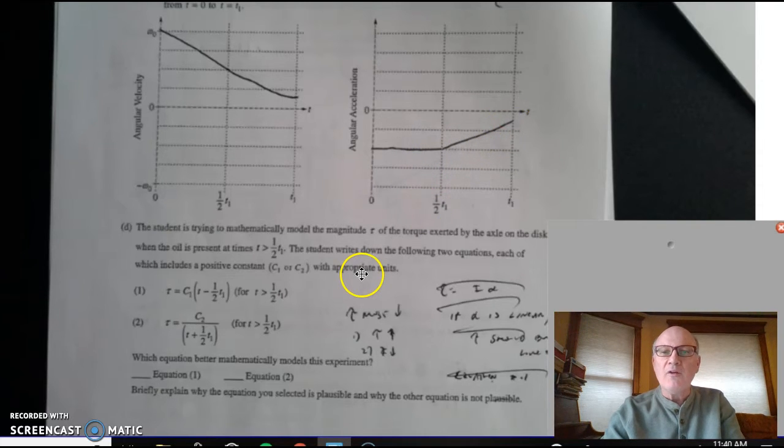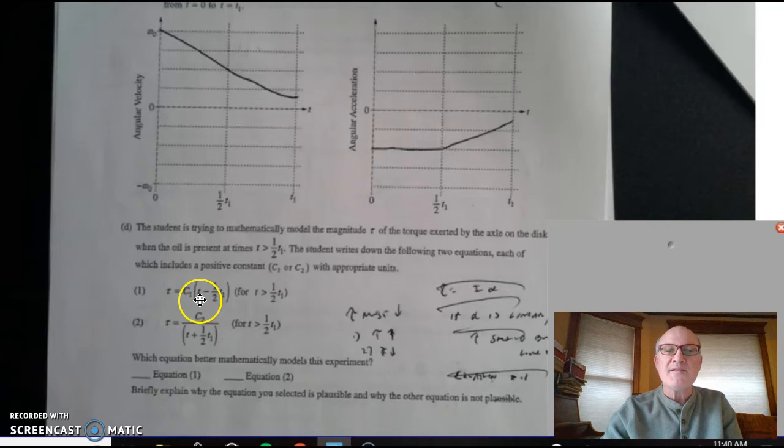So you're asked to choose one of these two expressions as a possible way to mathematically model the torque in this time frame between half t1 and t1. And in each case, you've got these constants C1 and C2 that would be chosen just right. The torque would then depend upon that constant, either multiplied by a term or divided by a term.